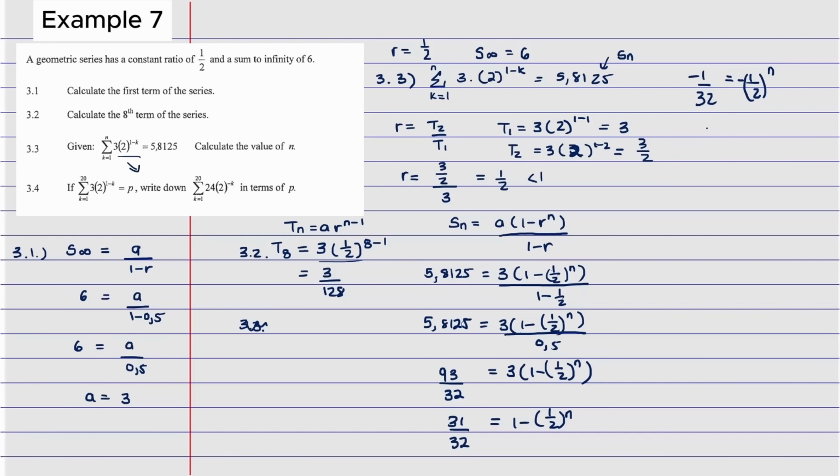Drop the negative. So it's going to be the same as 1 over 32 is equals to 1 over 2 to the power n, right? So it's going to be n is equals to log. What is our base? Our base is 1 over 2, right? Then this side is going to be 1 over 32, right? So n is going to be therefore equals to 5. So that's how you would solve this question.